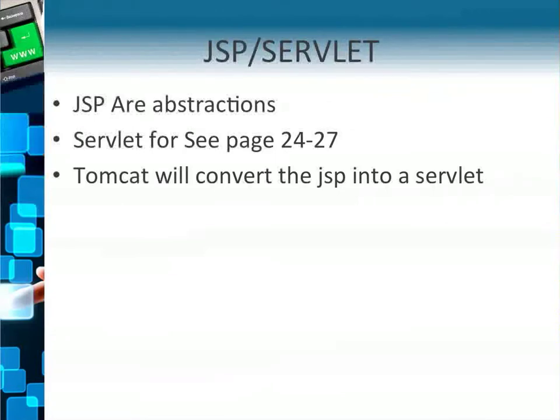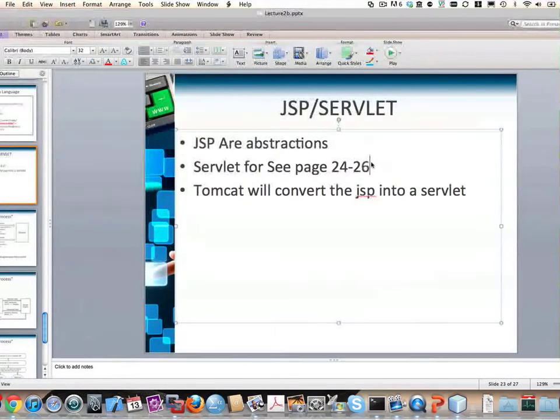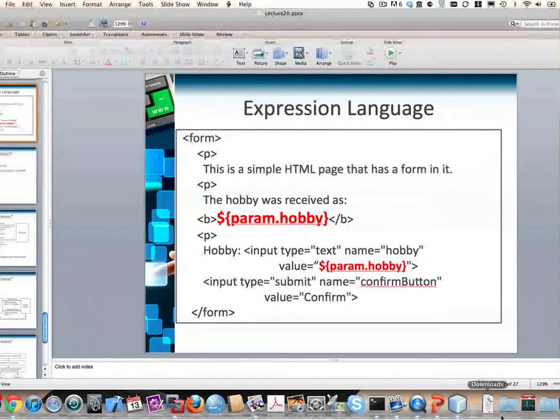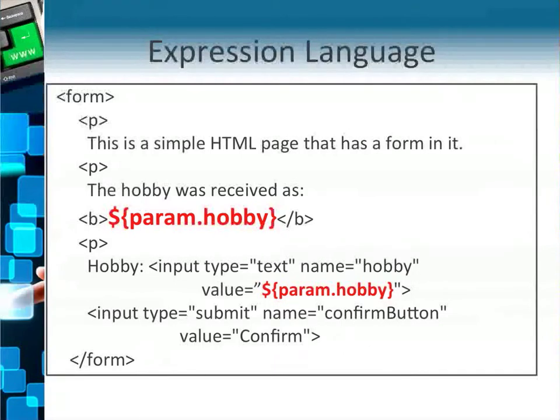There's a big servlet on page 24 that goes all the way to page 26, that you see, what the previous one, which is the example right here in expression language. So the previous one, what does it get converted into?